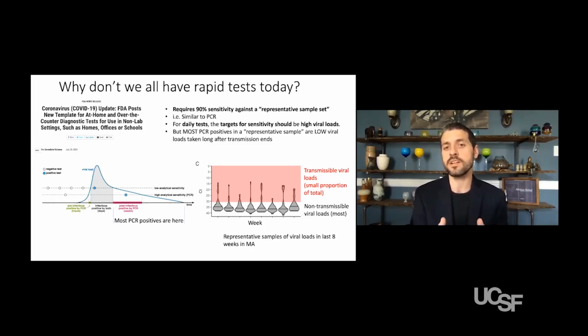And this is because we're not doing frequent testing. So we're only capturing people, what I have here, in this long tail of PCR positivity, which is past the period of transmissibility.